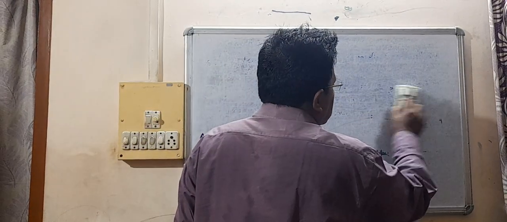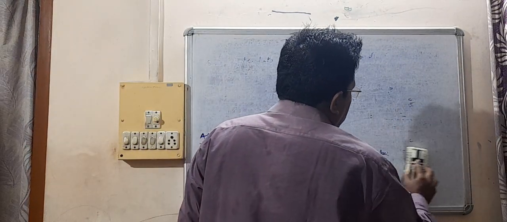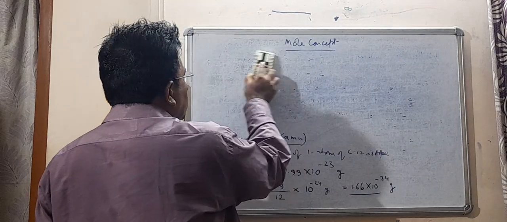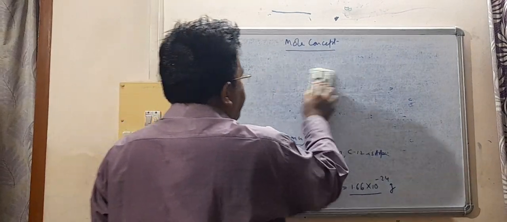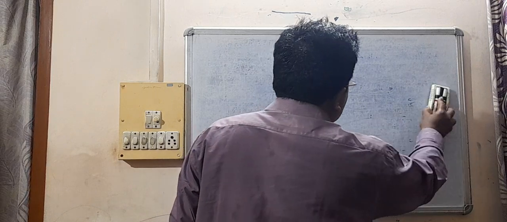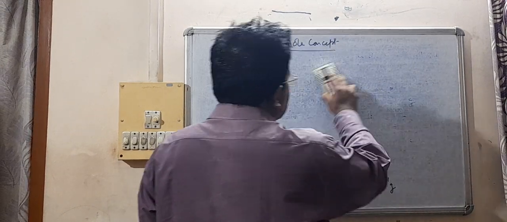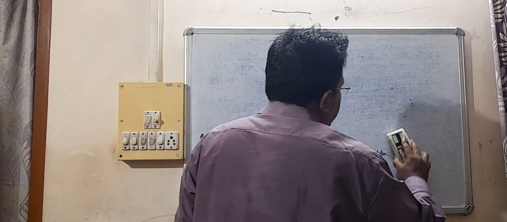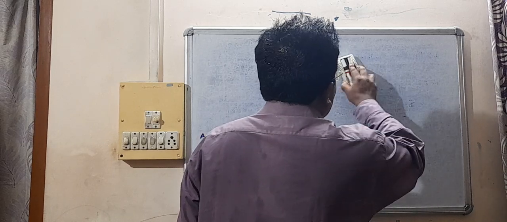Okay, now children, we know the definition of atomic mass. Atomic mass is also known as relative atomic mass.